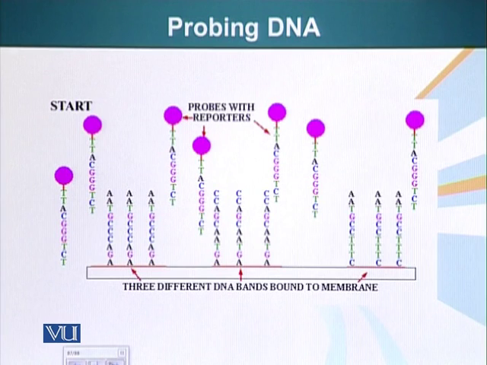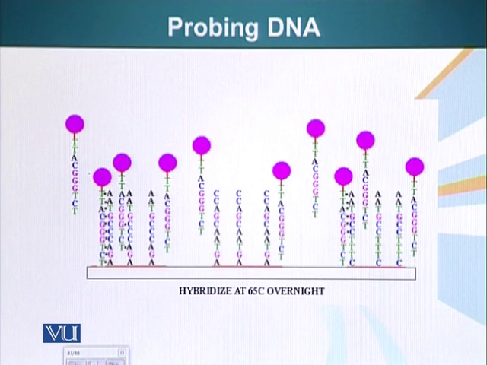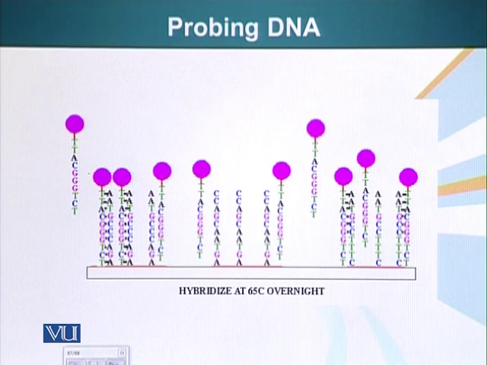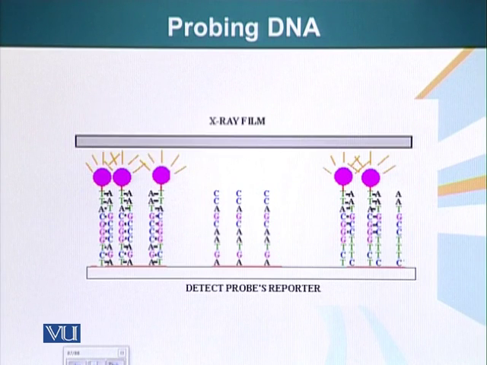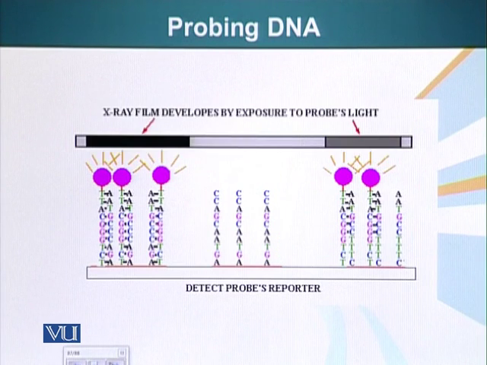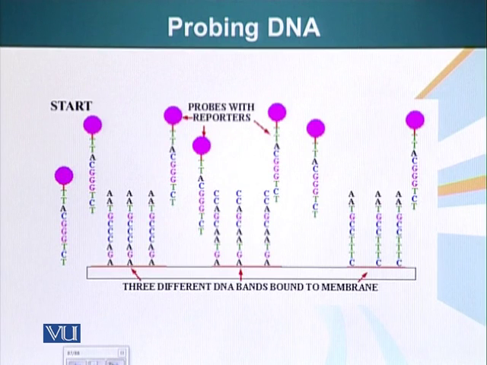If our beta globin gene had the restriction site, it will generate two fragments which will be visible on the X-ray film. If it didn't have the restriction site, it will be only a single band. So as you can see here, there are two bands, meaning the restriction site is present. If there were only one band, it would mean that the restriction site had been mutated.